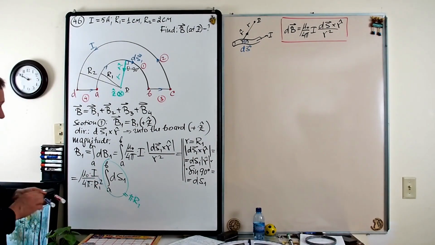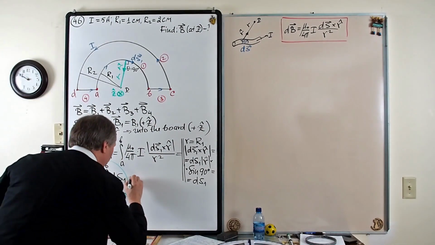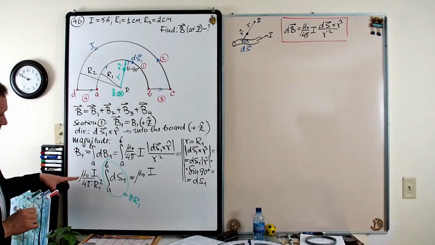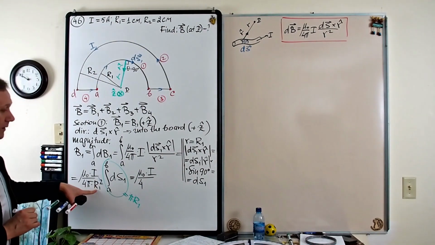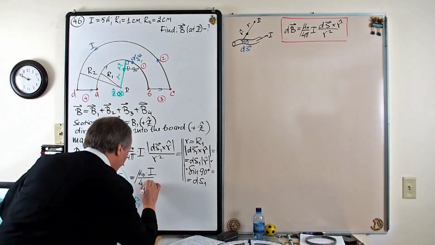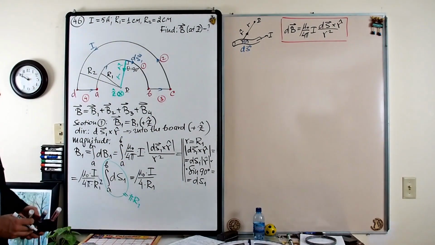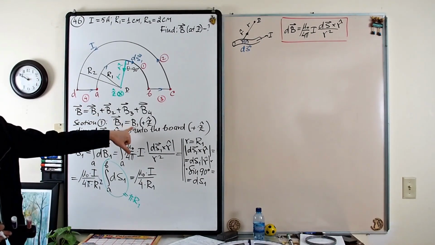And as a result, we can write the final value of this integral. It will be mu naught times I, 4 survived, and 1 over r1. So that's the magnitude of B1, the absolute value of this contribution.